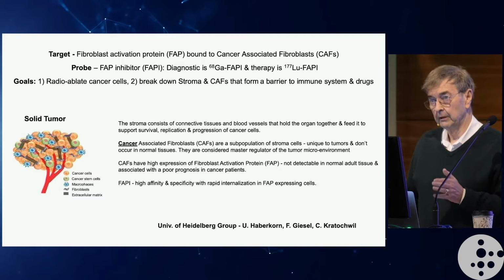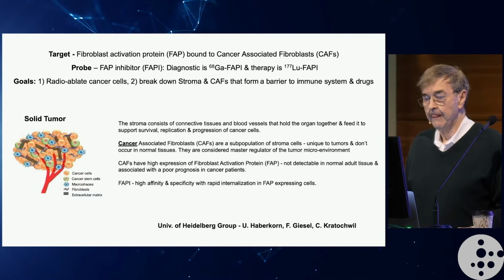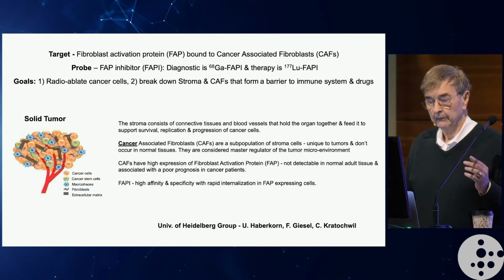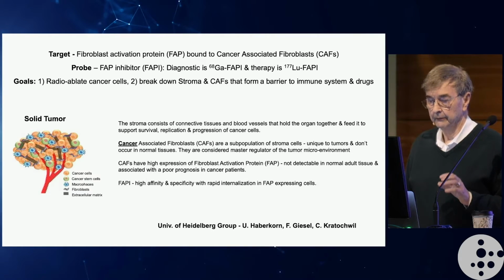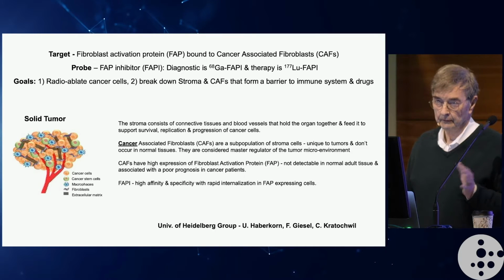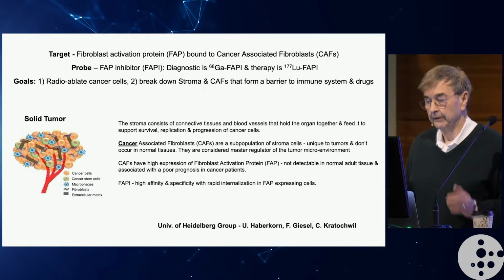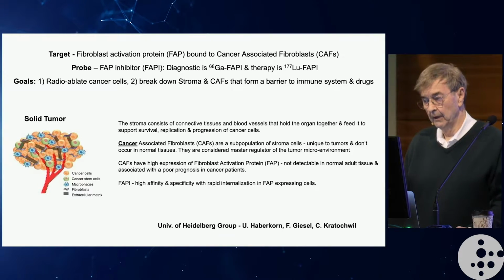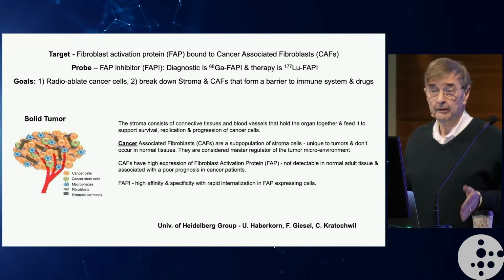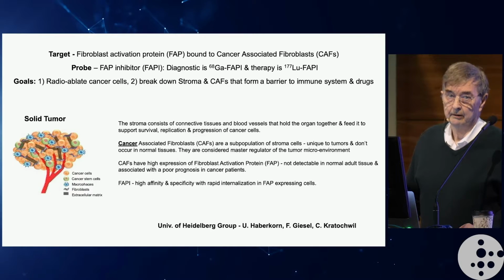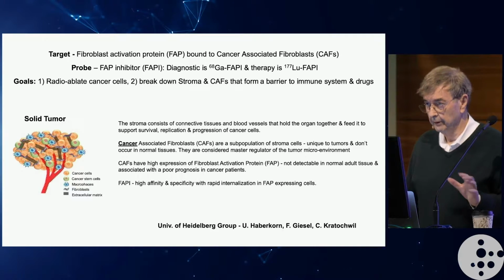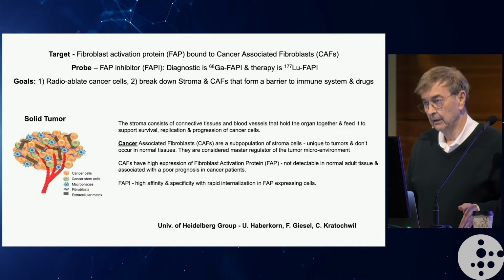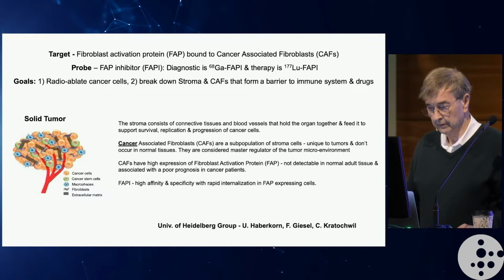So the goal in theranostics is basically blow up the tumor. So two objectives: radioablate cancer cells like we showed before, but then break down the stroma. Now, there have been many drug companies that have been trying to break down the stroma for penetration and immune access, but that's not been very successful to date.